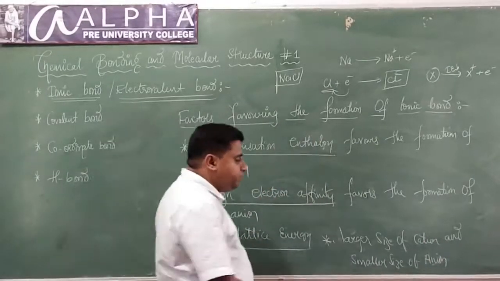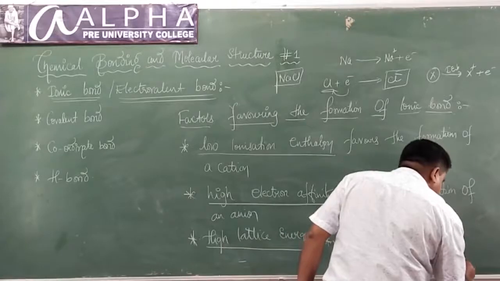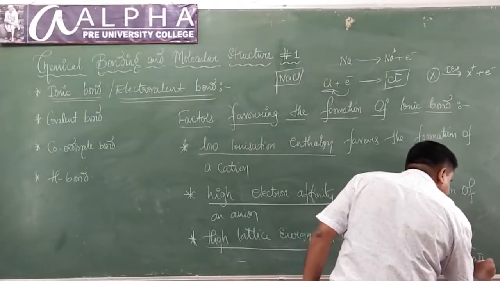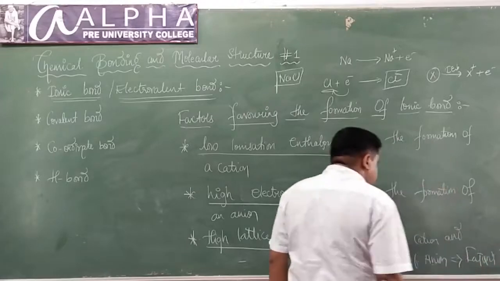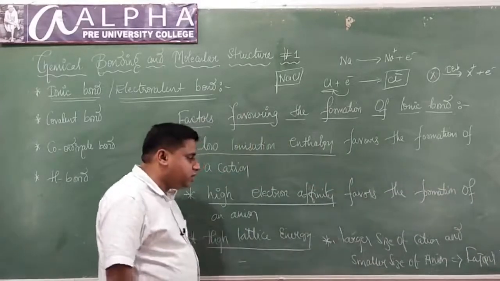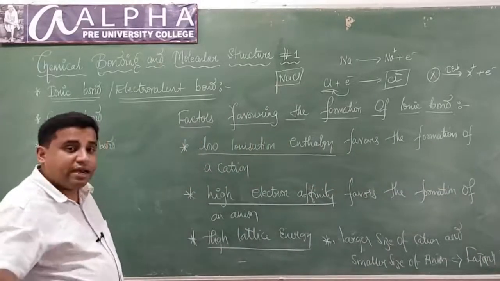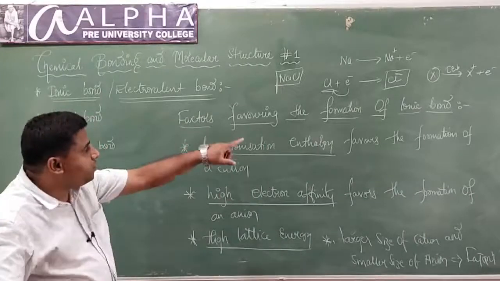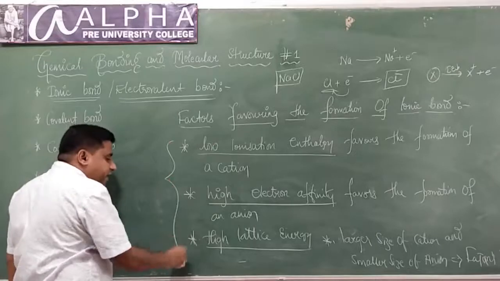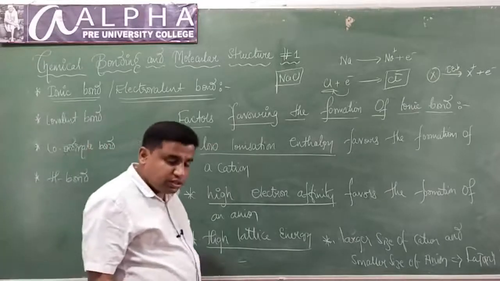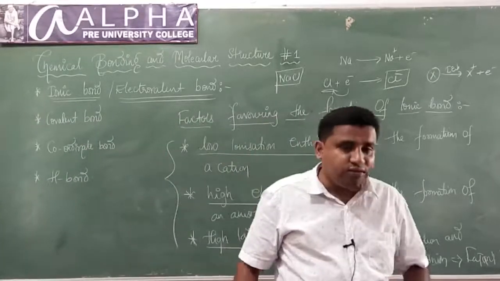Favors the formation of what? Ionic bond. This is called which rule? Fajan's rule. Larger the size of cation or smaller the size of anion, it favors the formation of ionic bond. So these are the different factors which favor the formation of ionic bond.